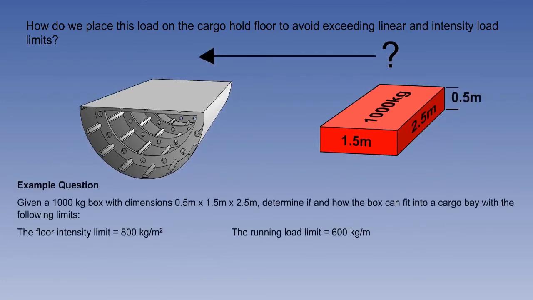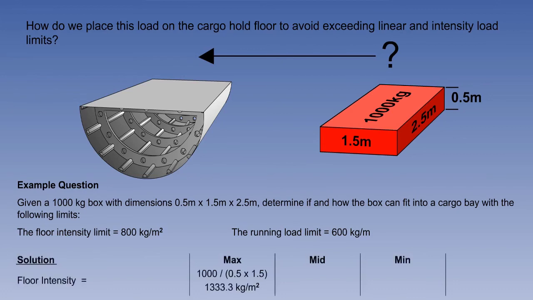Let us look at an example of a box of mass 1000 kilograms with dimensions of 0.5 meters by 1.5 meters by 2.5 meters, which has to be loaded into a cargo hold and be within the intensity and linear limits. The floor loading limits are intensity 800 kilograms per square metre and running 600 kilograms per metre.